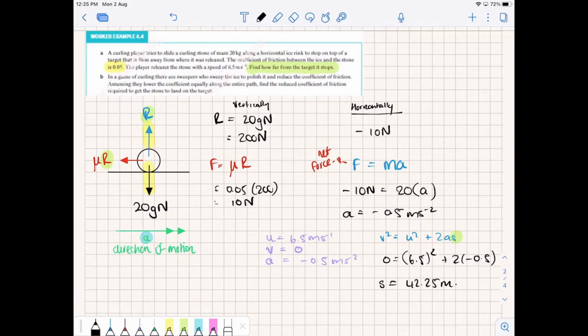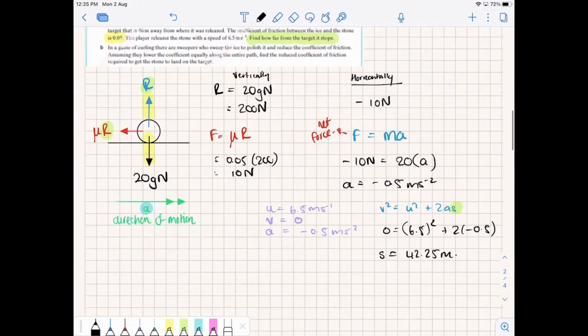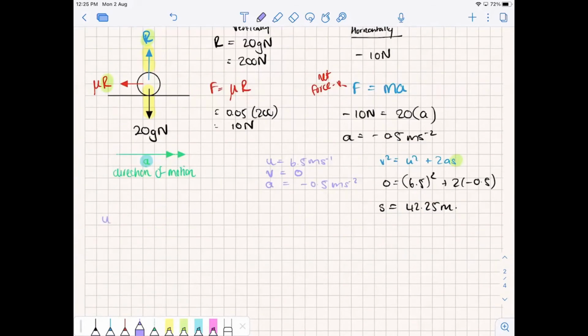So we're going to take the problem that we've just dealt with now, and we're going to take it in reverse. So we still have the same initial velocity. We'll still have the same final velocity, except this time, we don't want our displacement to be 42.25 meters.